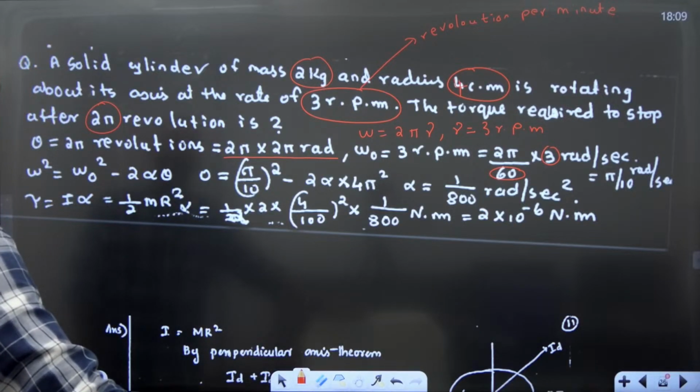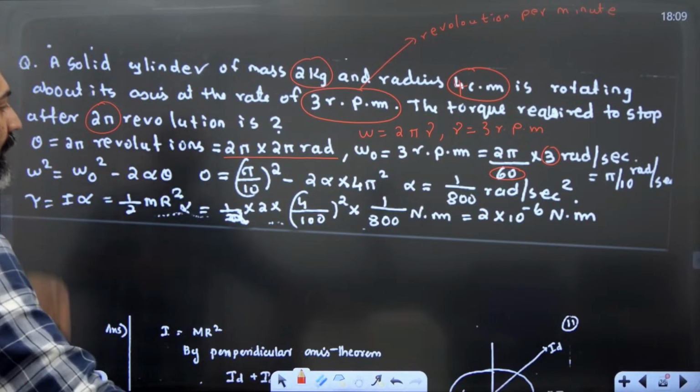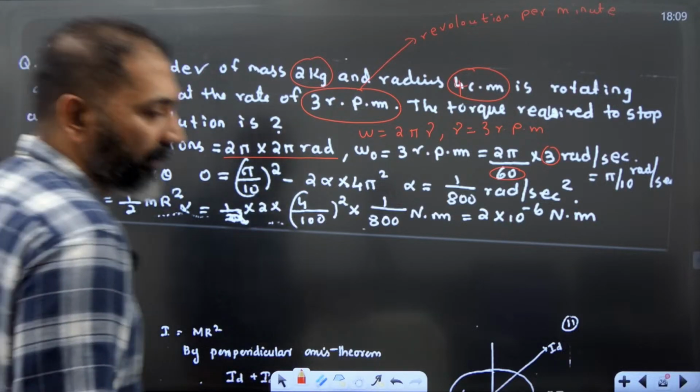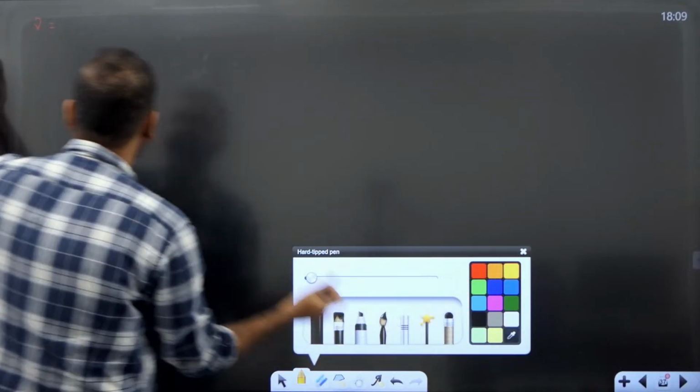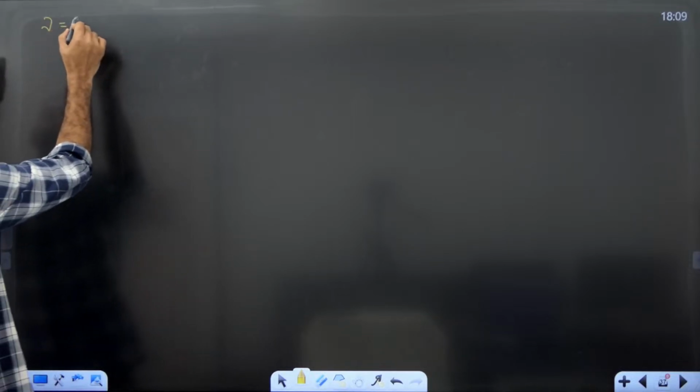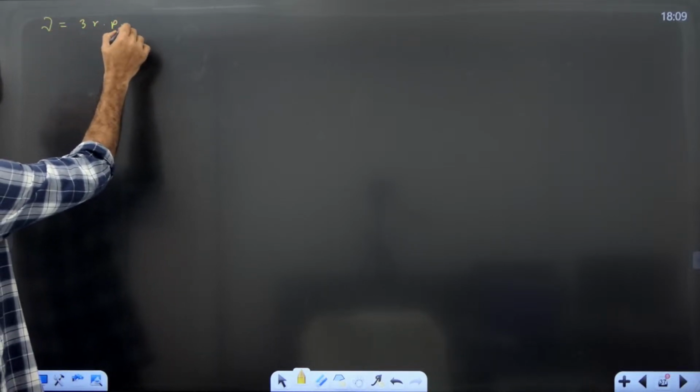What is the final angular velocity? Omega t square equals omega 0 square plus 2 alpha theta. Any doubt? I think it is better to do it separately. What is the frequency given? Nu is equal to 3 rpm.